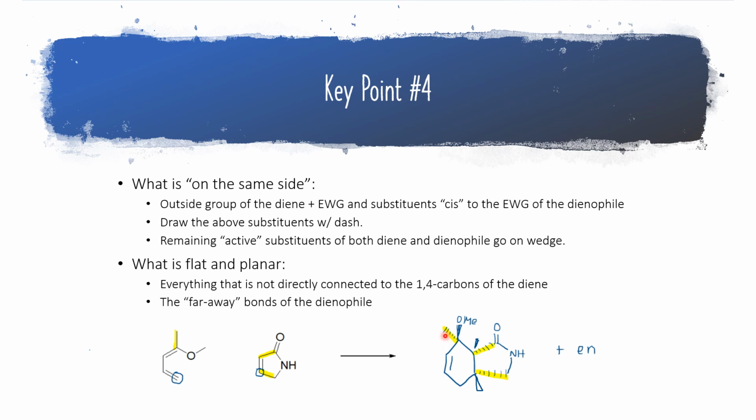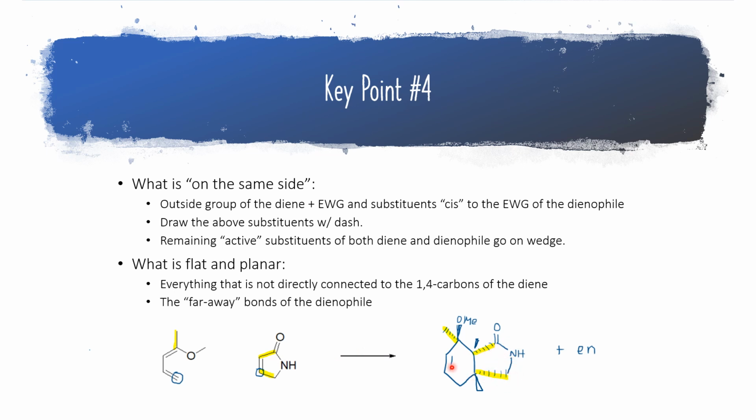As we said before, we're going to standardize this all just for easier purposes, so that everything goes on a wedge for the same side substituents. So here, notice that the outside group of the diene goes over here. What's cis to the electron withdrawing group of the dienophile, as well as the electron withdrawing group itself, they're right here.